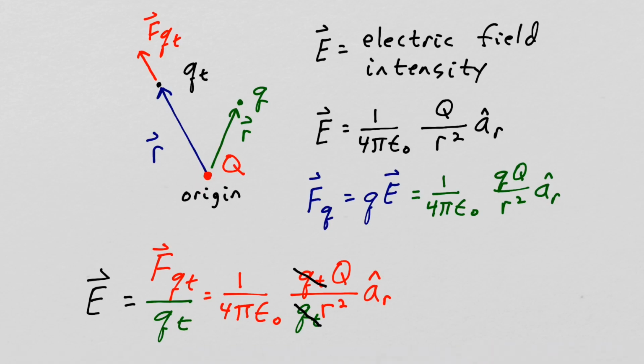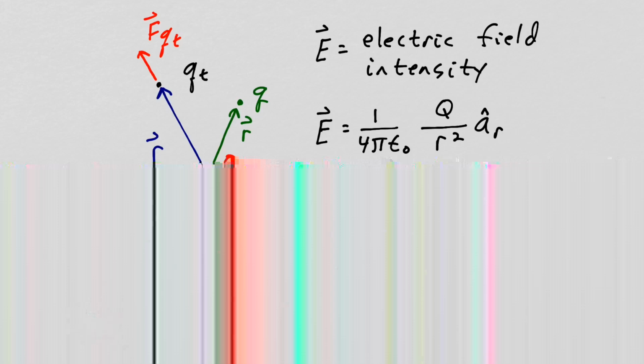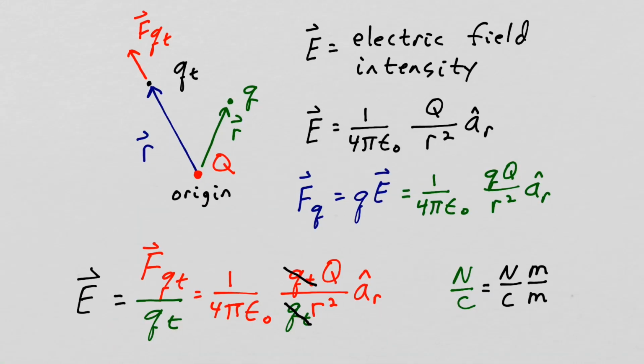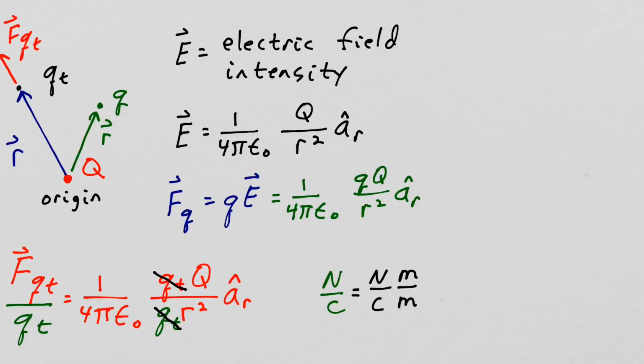So the electric field intensity is a force per unit charge, so the units would be newtons per coulomb. Newtons per coulomb is a valid unit for the electric field intensity, but it's not the most common unit. Let's multiply newtons per coulomb by meters over meters. A newton times a meter is a force through a distance, so that's work.